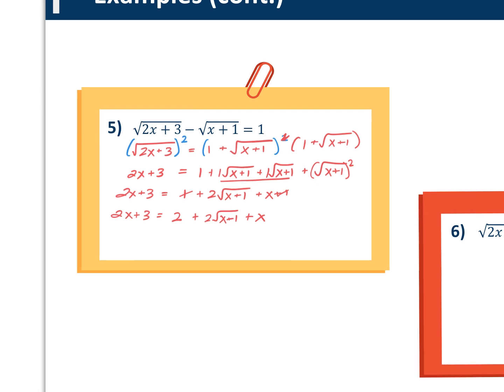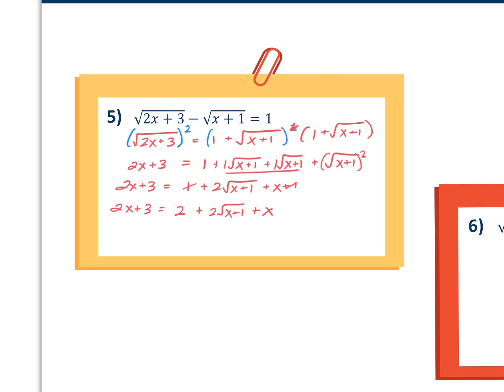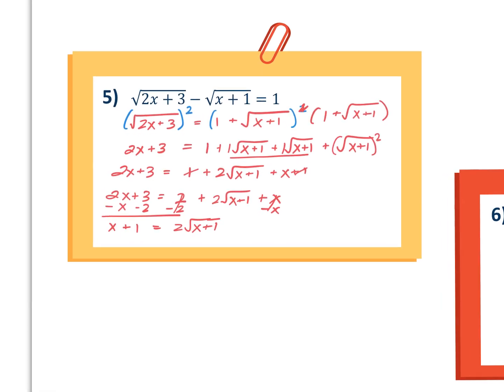Let me see if that will help me make this easier. So I'm going to subtract 2 from this side and this side, and I'm going to subtract x from both sides. And I'm going to see what that leaves me with. You're going to get x plus 1 equals 2 times the square root of x plus 1. So notice now I just have another square root on the right.